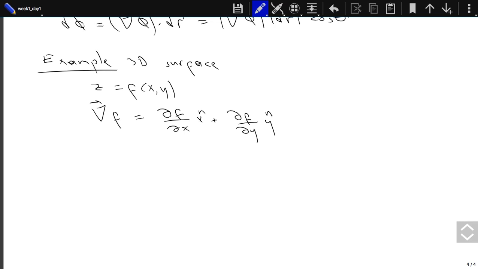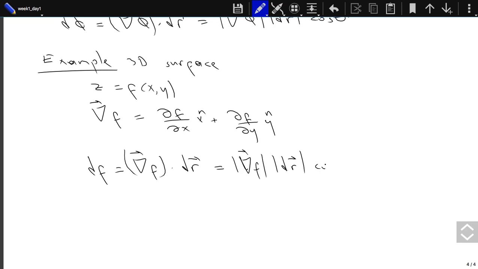Whatever direction I choose, if I take a very small step in that direction, the change in my function f, in this case the height of the surface, will be given by gradient of f dot dr, which is the magnitude of the gradient of f times the magnitude of dr times cosine of theta.